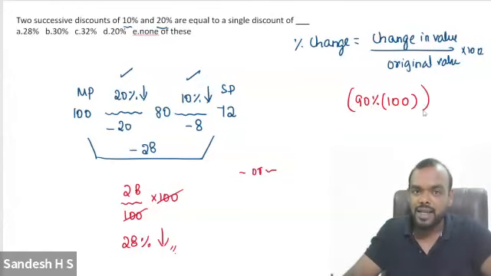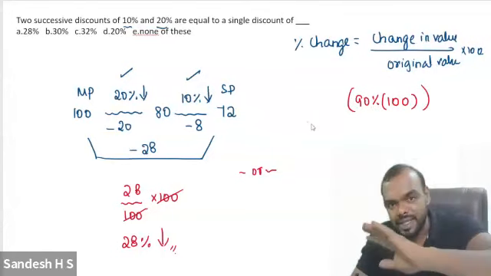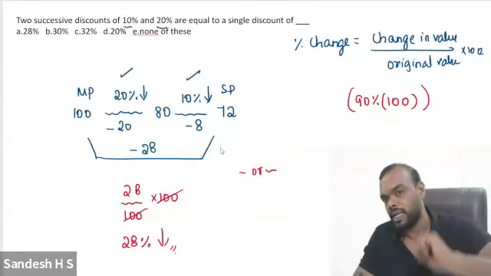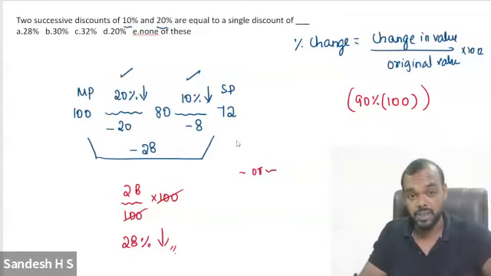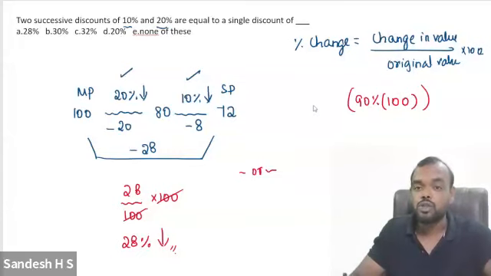On this, another 20% discount. We will consider this as a brand new number, that is 100%. 20% reduced means what will you write? 20% discount means 80%.